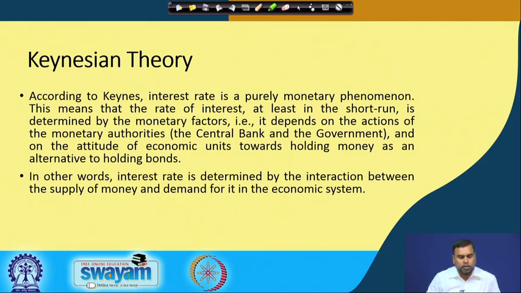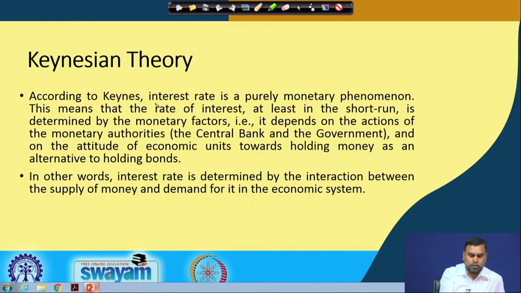But here, according to Keynes, this is another extreme theory which tells that interest rate is purely a monetary phenomenon. That means the monetary factors are always responsible for determination of interest rate in the system. This means that the rate of interest, at least in the short run, is determined by the monetary factors.